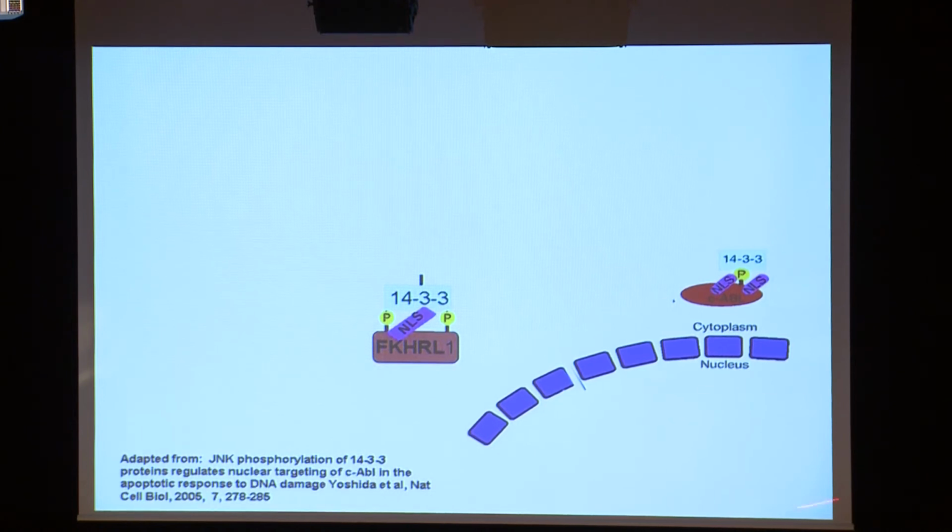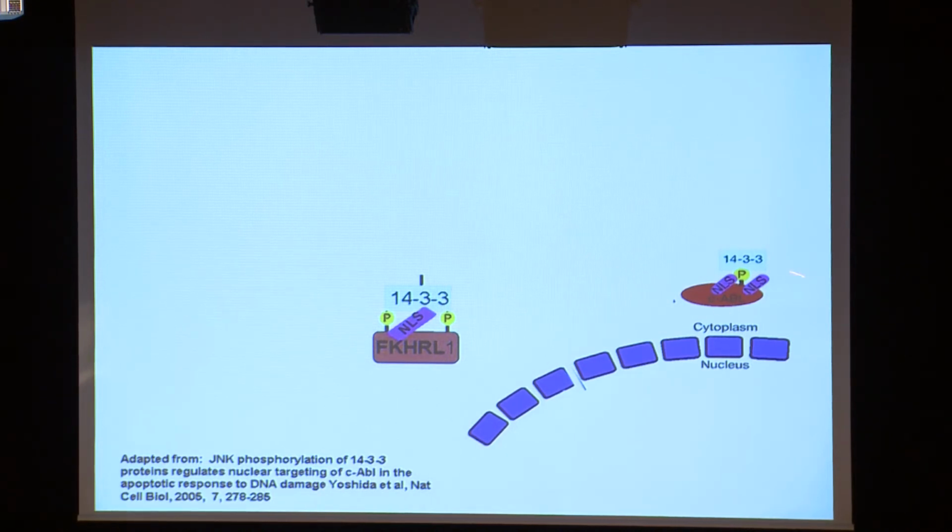This means it's associated with the nucleus. But when it gets phosphorylated, it binds to 14-3-3, and the 14-3-3 physically masks the nuclear localization signal, and it means that the protein complex is found in the cytosol.